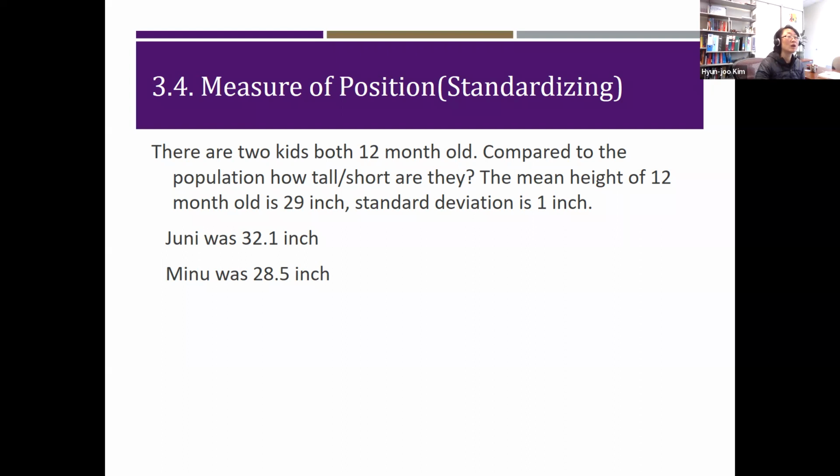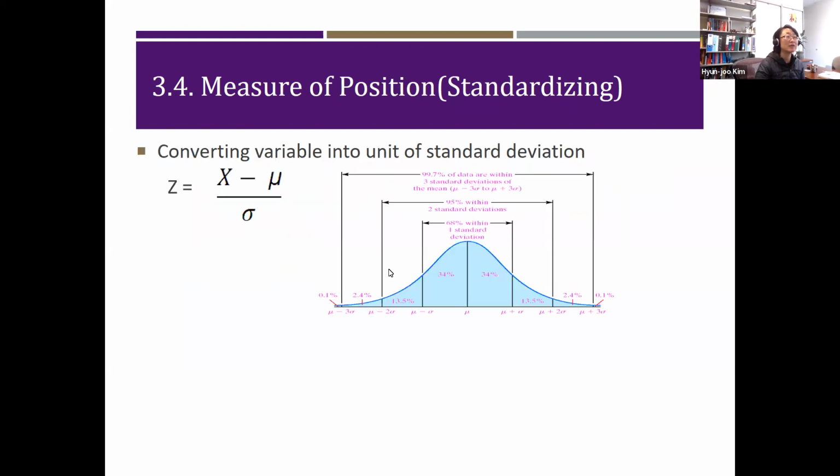So here we're introducing something called standardizing. For your original value X, you subtract the mean and divide by sigma. So you scale it a little differently, and we call that Z. That process we call standardizing.